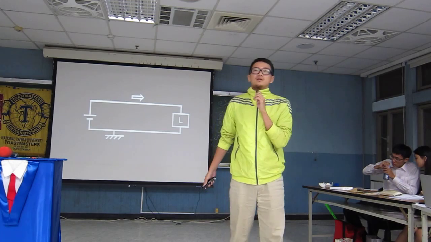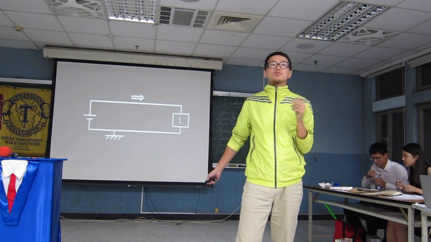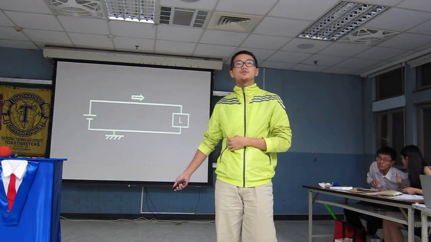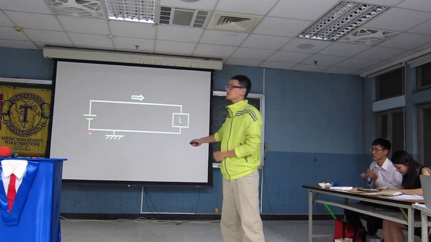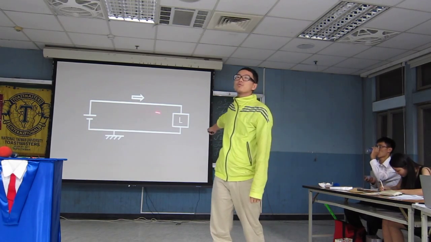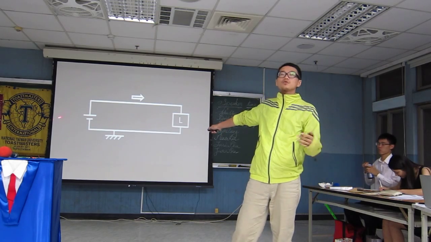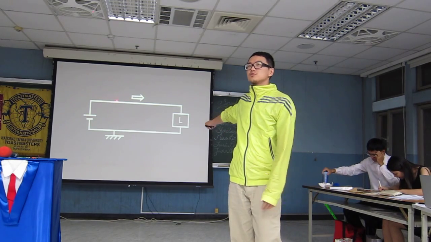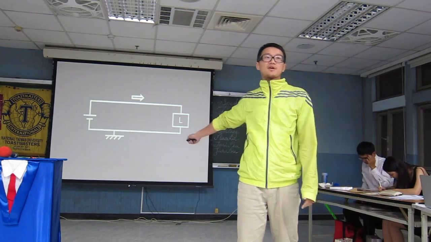So here's a picture that shows how a normal circuit works. Here is a source and a pair of wires through which the power goes from the source to your loaded device.